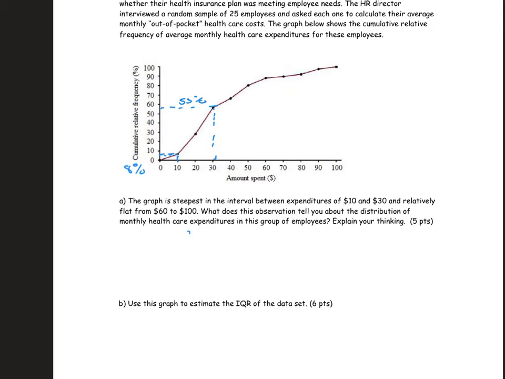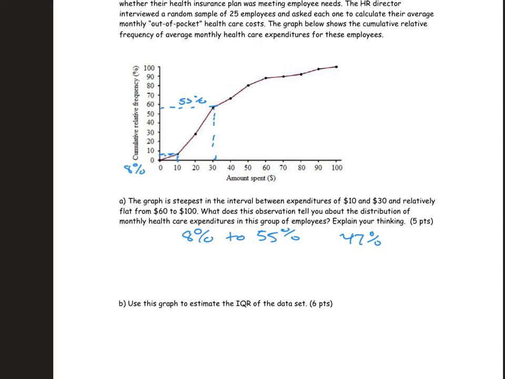So 8% to 55%, that's a big jump. So what percent of people surveyed spent between 10 and 30? Well, 55 minus 8 would be about 47% of the data is between 10 and 30.